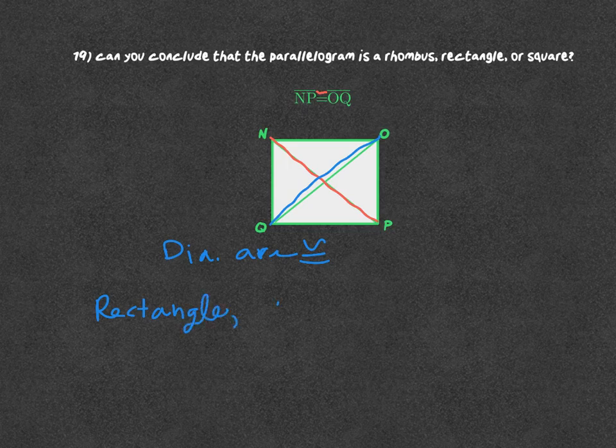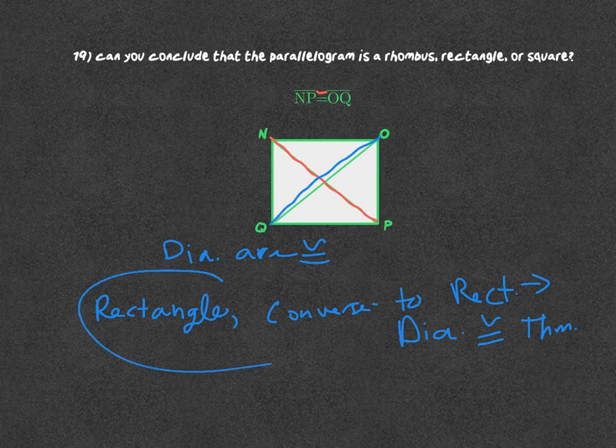The reason being is the converse to if it's a rectangle, the diagonals are congruent. So that would be your final answer for this one.